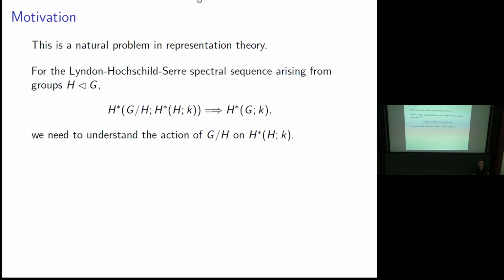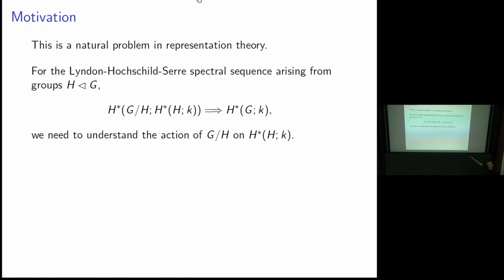But the other one that motivated this quite a lot is if you calculate using a Lyndon-Hochschild-Serre spectral sequence, you need to know the action of G mod H on the cohomology of H. You can complain that the cohomology of H is not a commutative ring, but it's close enough.